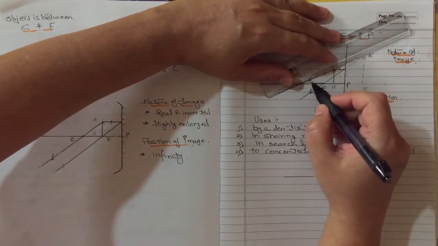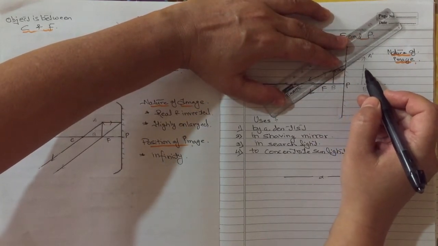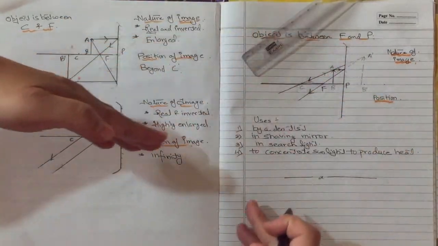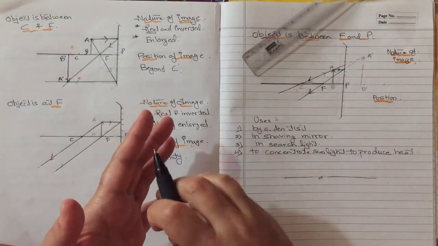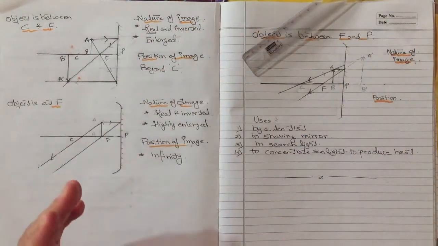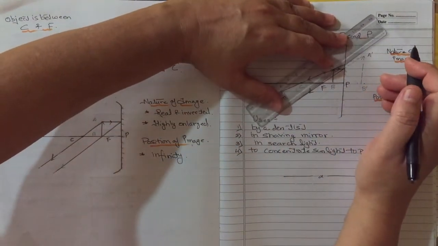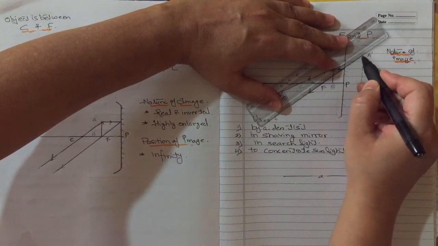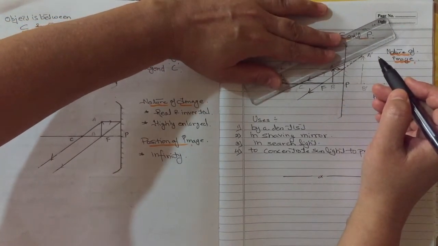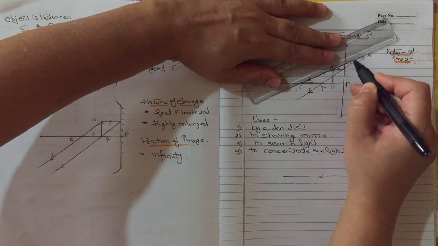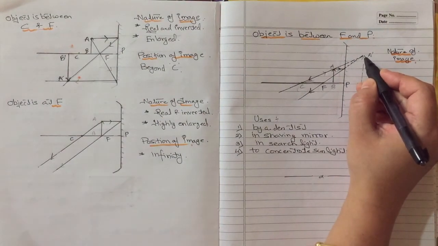So when the ray is passing through the center of curvature, let us draw these two rays behind the mirror, because you see these rays are diverging, they can never meet. So we need to extend them behind the mirror so that they meet behind the mirror and an image can be formed there. Here I have extended these rays behind the mirror, and they are seen to meet behind the mirror.